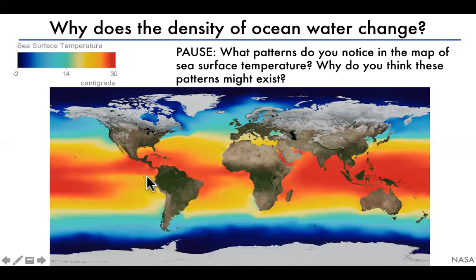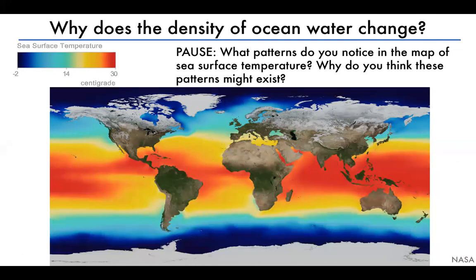Like off the coast of South America in particular, you'll notice that it's not as warm as it might be a little bit further west. You'll notice up here by the coast of Washington, Oregon, and Idaho, there's this colder protrusion down here. But typically it's warmer near the equator and colder towards the poles. And that's something we've talked about before.